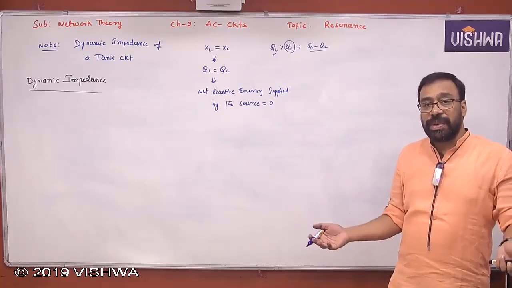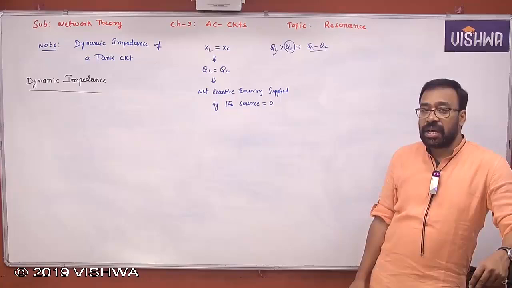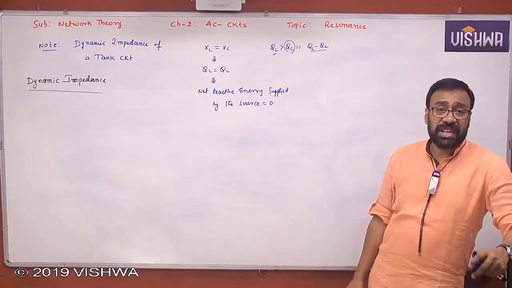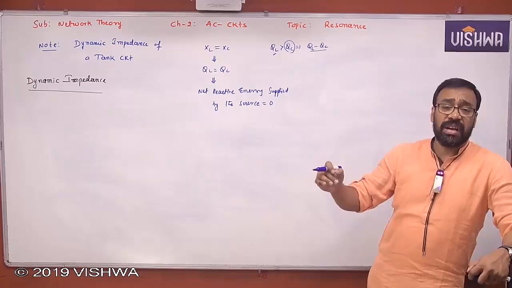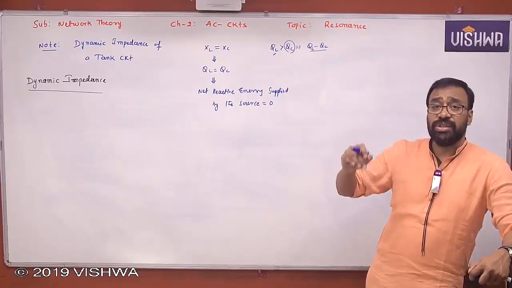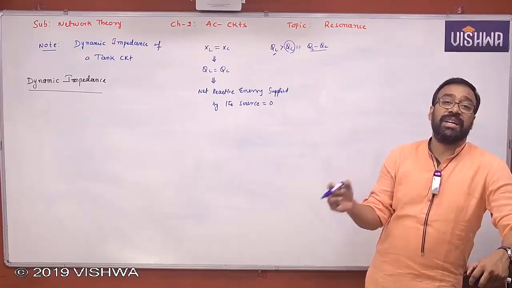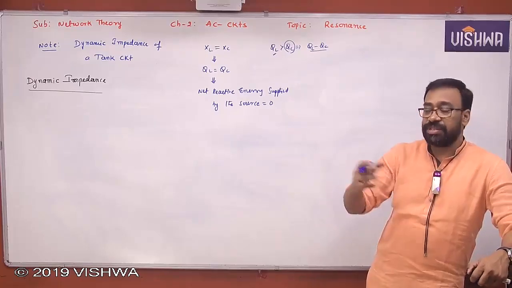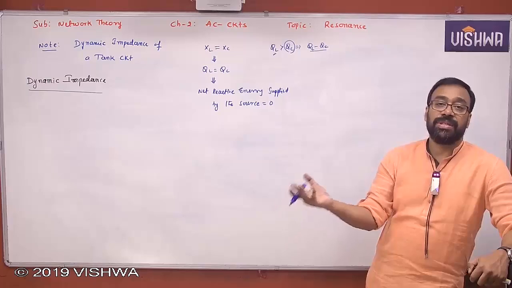Then what is happening here? There is a continuous exchange of reactive energy between inductor and capacitor. Understand all of you? Okay. In the first half cycle it goes from inductor to capacitor, let us say, then in the second half cycle from capacitor to inductor.